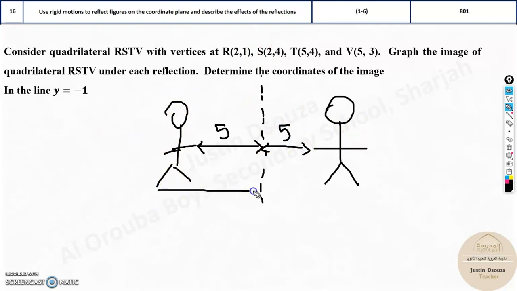If this leg is, say, 7 meters apart, which will never be true, because from the hand to the leg there won't be a 2 meter difference. But just for your understanding, whatever the distance from this line towards the left, it is the same to the right. That is basically reflection. Simple understanding.